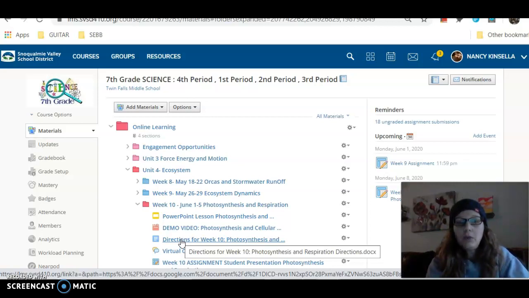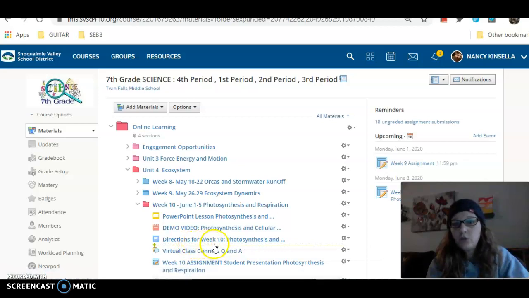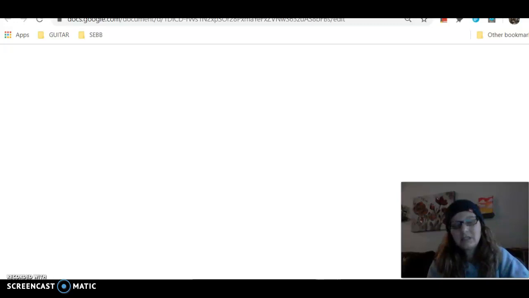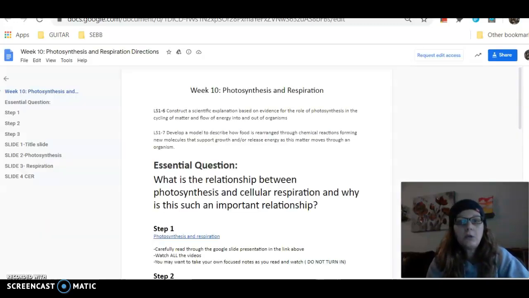All right, then what I've got in here is the directions for the week 10 assignment. And this is actually copied and inserted into the actual week 10 assignment directions. So you kind of have the exact same thing in 2 places. But let's look at the Google Doc where you've got your learning targets, what you're supposed to be learning for NGSS.